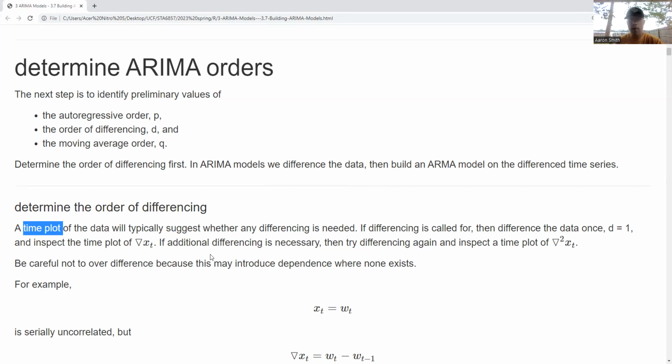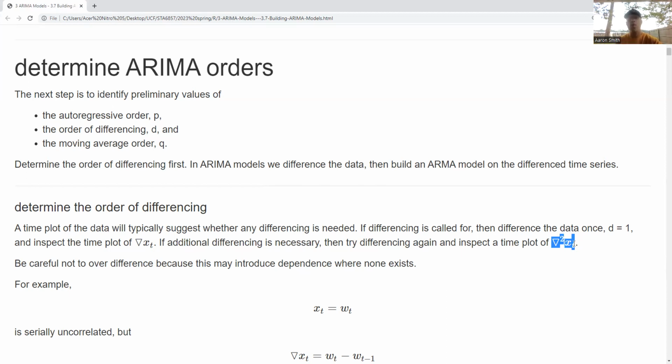And so if I feel like I need differencing done on the original data, I'll go ahead and do that. And then I'll plot the difference data and check to see, is it appropriate to do an autoregressive moving average model? If there's additional differencing necessary, then I'll go ahead and difference again, plot it, and check to see if an autoregressive moving average model is appropriate.